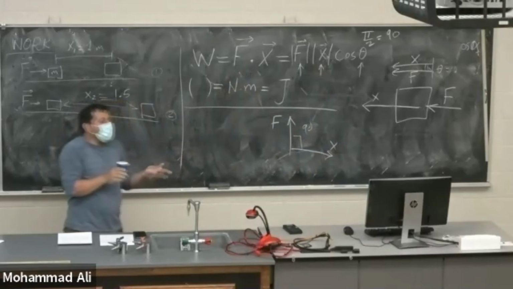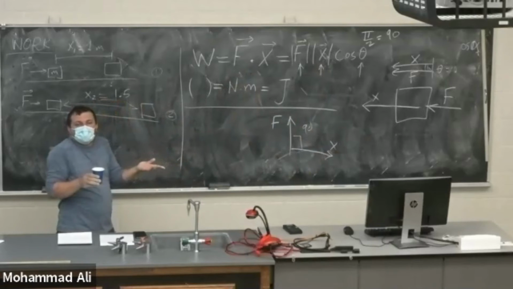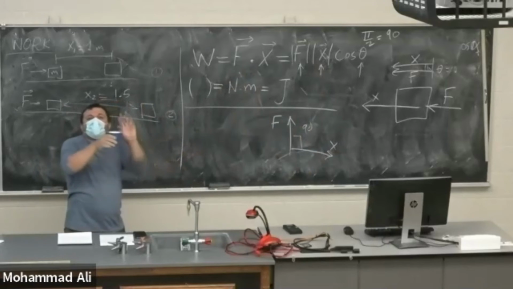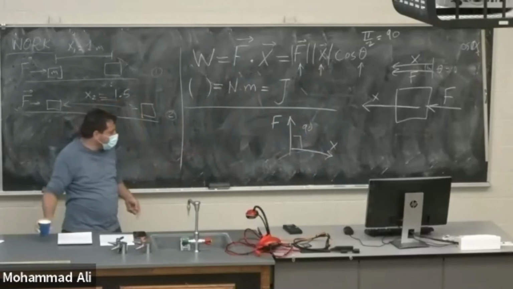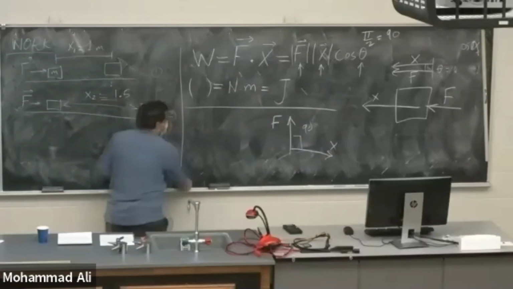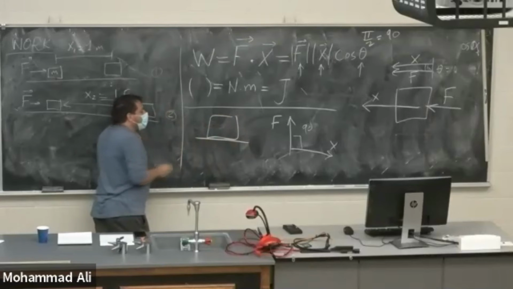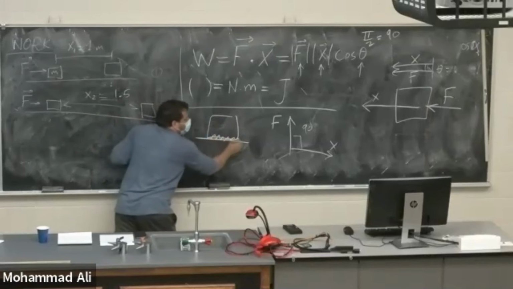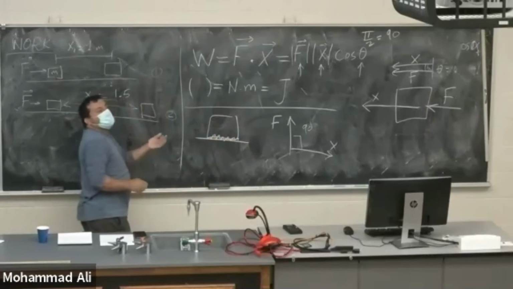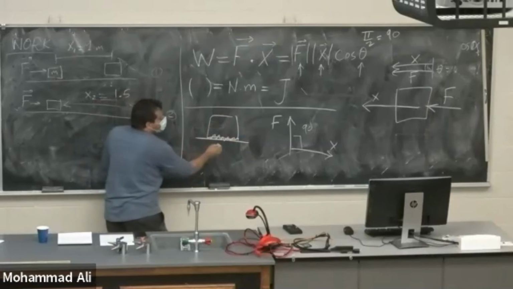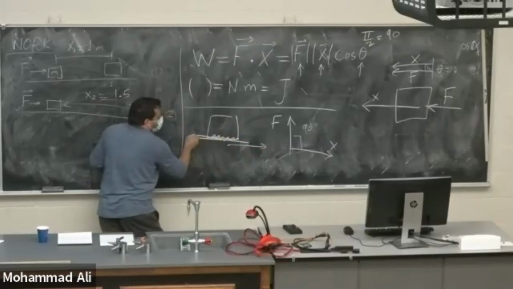Okay, you ask me, I am applying a force and I am pushing the object on my hand. Where is this work coming from? I'll tell you something. This is the object and this is your hand. There is a friction force between the object and your hand. The force from your hand is to the right, the friction force to the left.